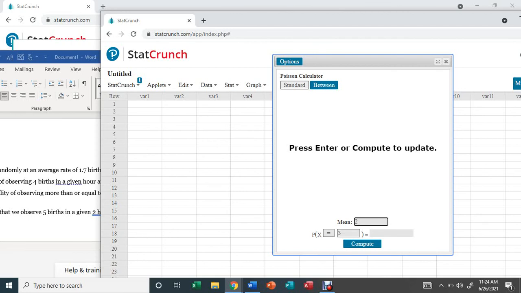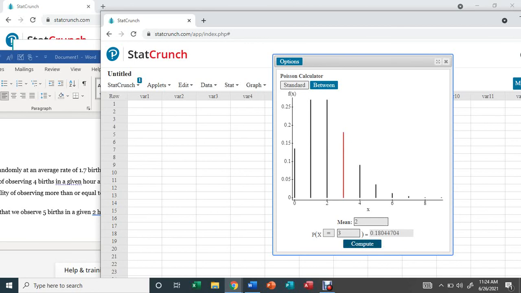So it's the probability of X equal 3, and compute. So here you go. It's an 18% chance that the company will be selling 3 homes tomorrow. So this is how you use StatCrunch to answer questions related to Poisson distribution.